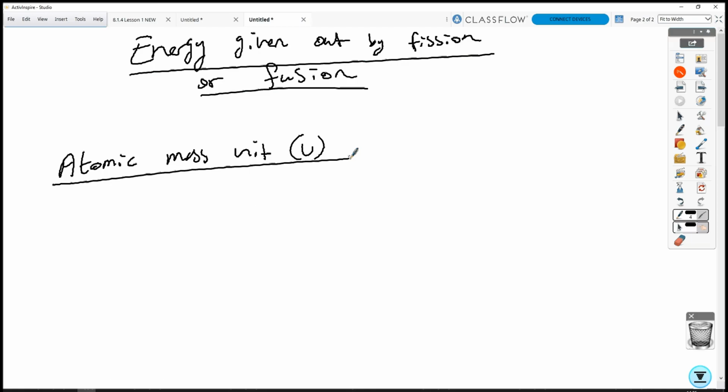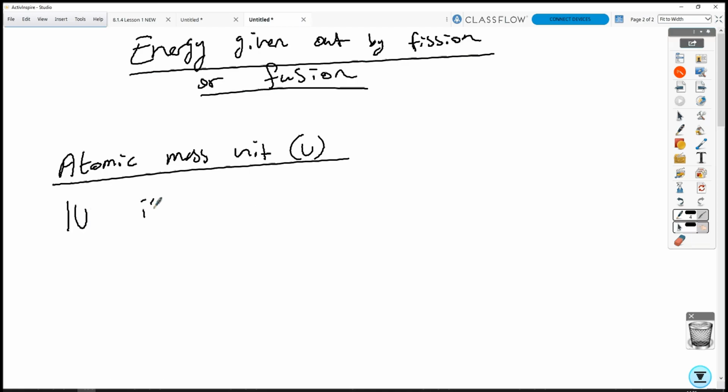So 1 U is the mass of one proton in carbon-12. Not the mass of one proton usually, but the mass of one proton in carbon-12. Because remember, a proton that's by itself will be more massive than a proton that has joined together with something else. It loses mass when it joins with something else.